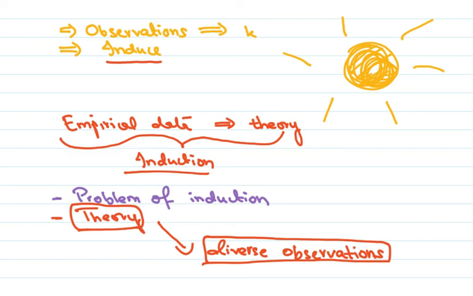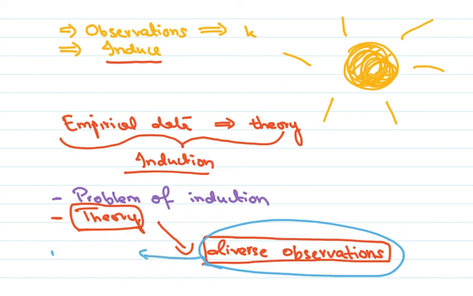So if there is a particular theory that can accommodate very diverse observations, and not just explain and accommodate them but also use them as proof that that particular theory is true, then this becomes slightly problematic, because these are very different observations.